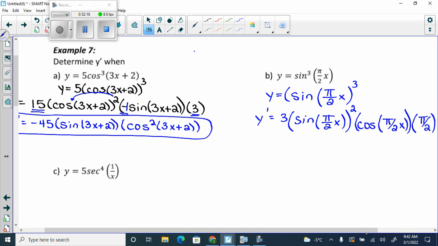And so what they'll do is, if there's any signs in front of the sine or the cos or whatever, they'll put that sign there, but there isn't any. So they'll put the 3 and the pi over 2 together. What's 3 times pi over 2? 3 pi over 2. And they usually put the single one next, cos pi over 2. And then they'll take the 2 and put it right in the middle.